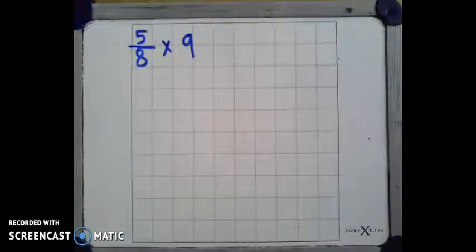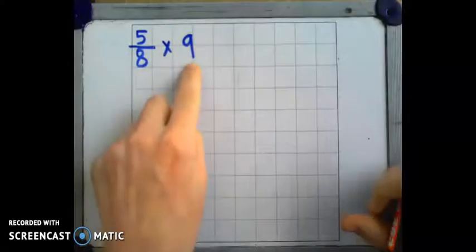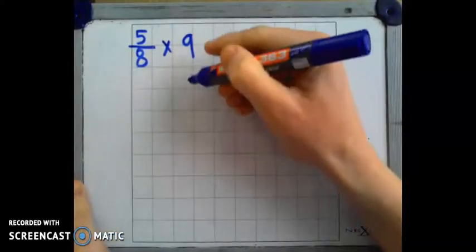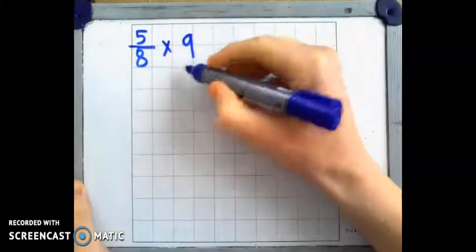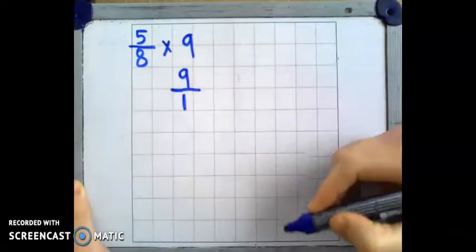Here's another calculation for us to try. This time it's 5/8 multiplied by 9, or if we phrase it slightly differently, 5/8 of 9. So our answer should be smaller than 9. Let's go through the steps again. Step 1, turn the whole number into a fraction. That whole number becomes the numerator of the fraction, and the denominator is always 1.